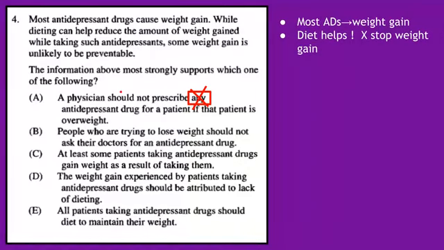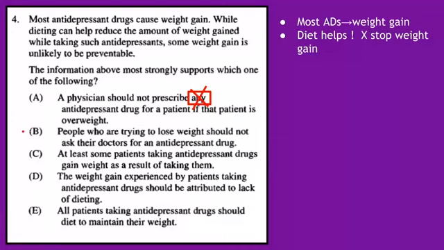And just to make that even clearer to you, the test taker, they start this question off with this word, most antidepressants cause weight gain. So if you miss this, you might think, oh, antidepressants are bad, they shouldn't prescribe them, A. But these two words make sure that a savvy test taker, like you will be when you sit down to take the GMAT, knows that that's the incorrect answer.